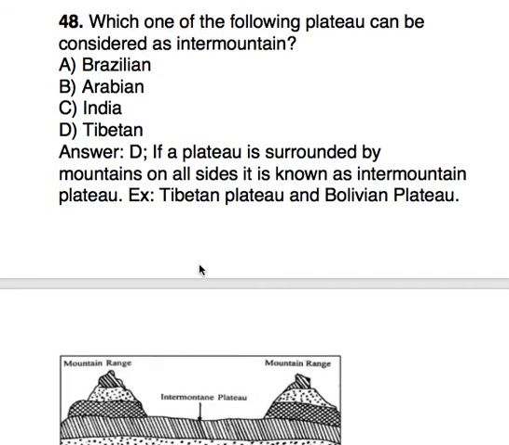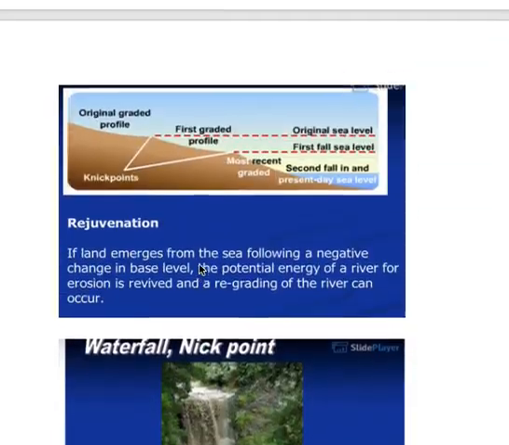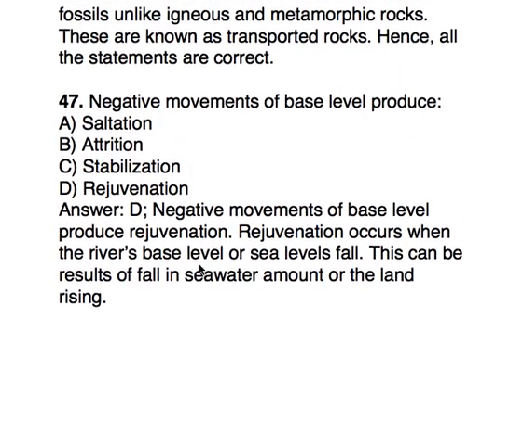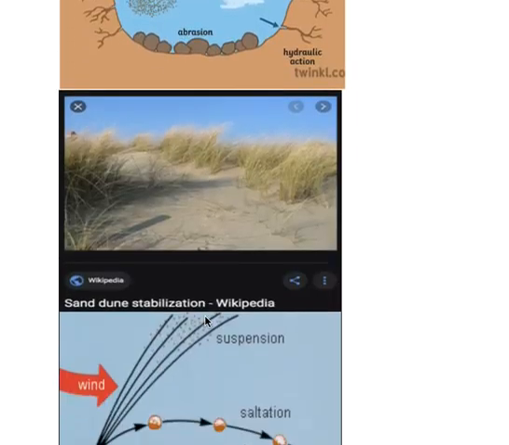Now moving to the next question. Okay, let me repeat once again what was the question we are talking about. Negative movement of base level produce rejuvenation, and we also understand stabilization and attrition and saltation. Let's move to the next question.